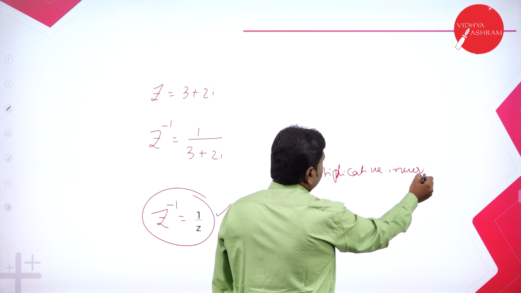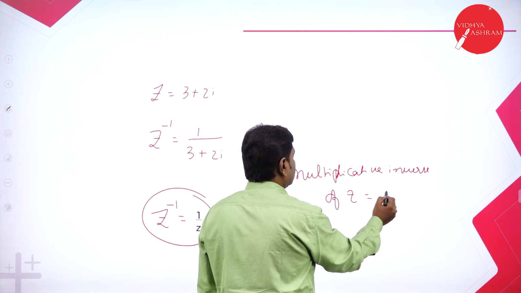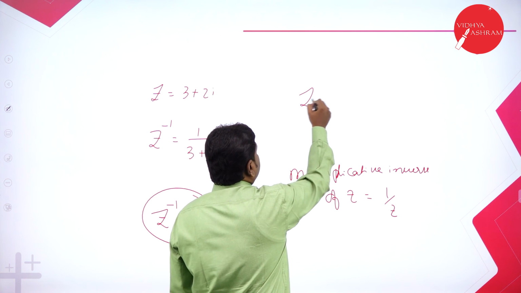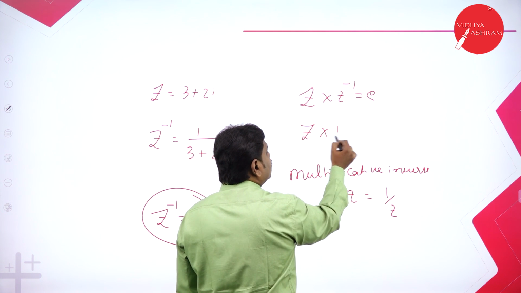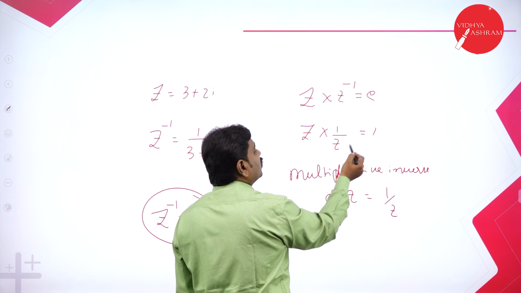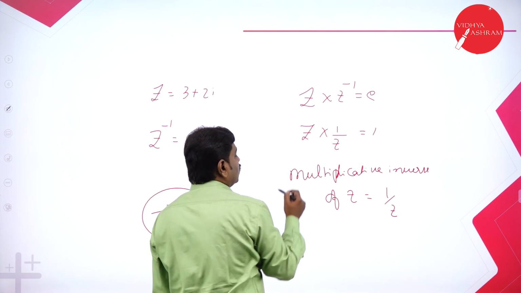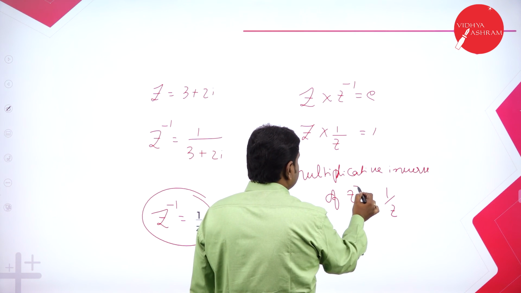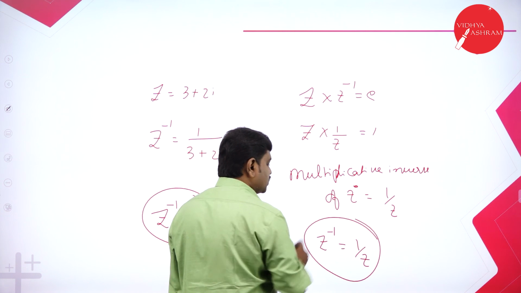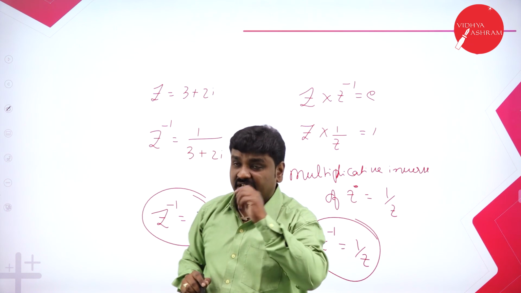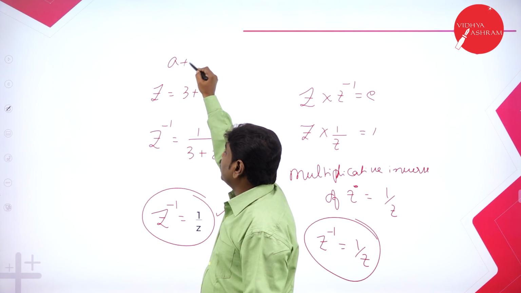Multiplicative inverse of Z is the reciprocal, 1 by Z. Why? Because Z into Z inverse should give you identity, and the identity element is 1. So only Z into 1 by Z can give you 1. So the inverse of Z is 1 by Z. 1 by Z will not be in standard form. To reduce it into standard form, A plus iB form, we have to rationalize.